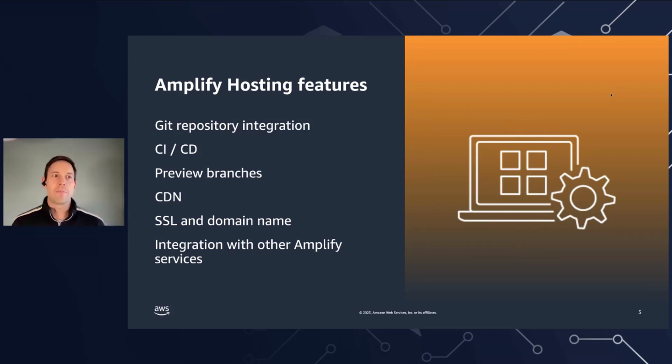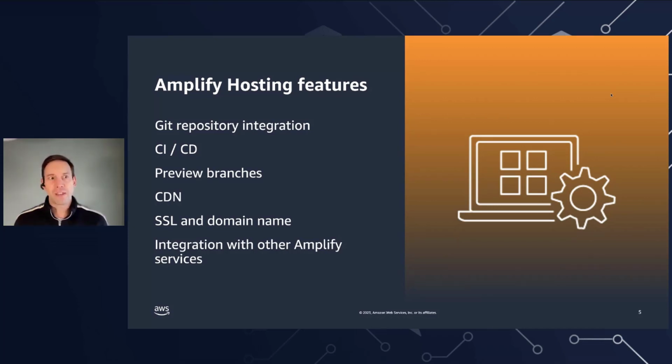So the features in particular, it's connected with Git repositories. So your application code can live on GitLab, GitHub, AWS CodeCommit, Bitbucket. We can read your code, and then as you commit changes or you make pull requests, we can act on those and build the application for you.